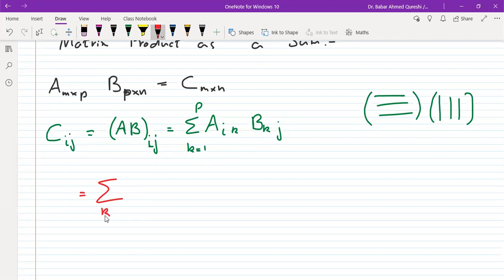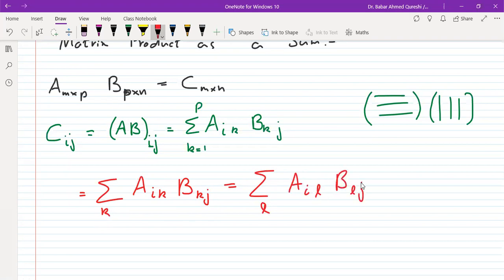So you just write a sum over this K. All possible values of K. So when you write K, that means sum over all possible values of K. This is exactly equal to the same sum with another letter, because that K over there just serves the purpose of summing different components.